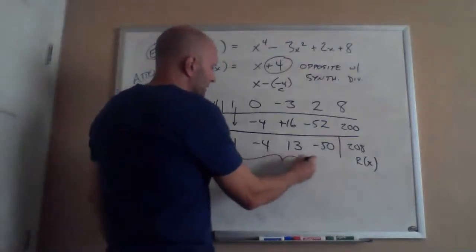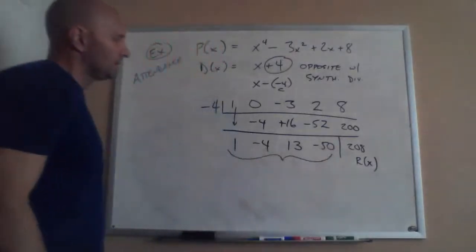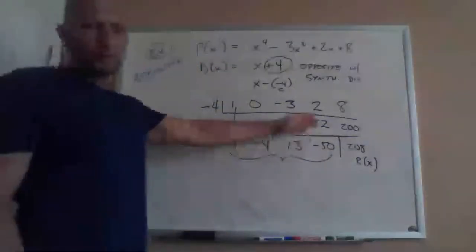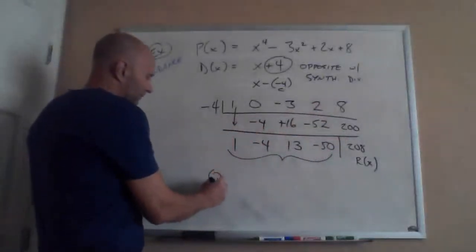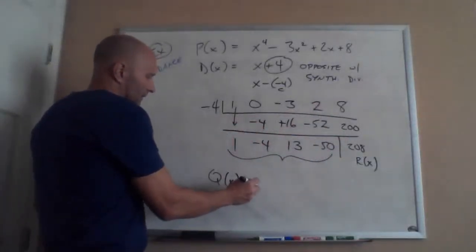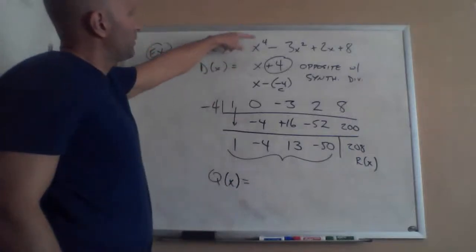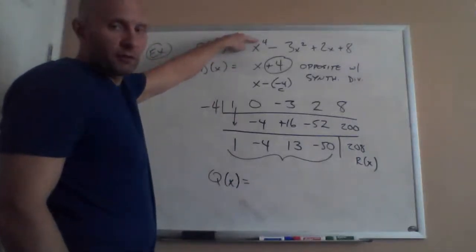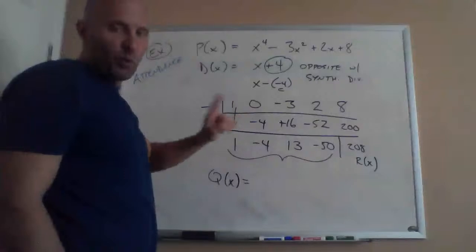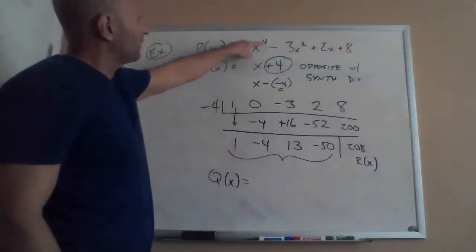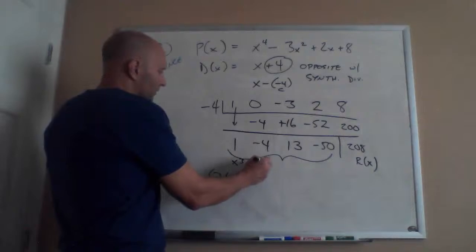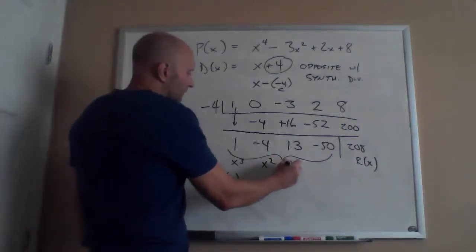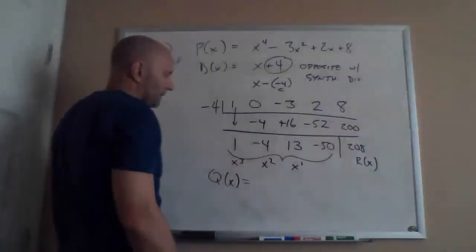And this part here, these are the coefficients of our q of x. Whatever we started with, x to the 4th, our answer is going to be 1 less than that. So because I started with x to the 4th, this is going to be my x to the 3rd, x squared, x to the 1st, and then the constant.